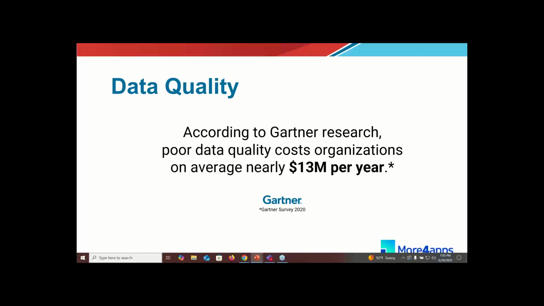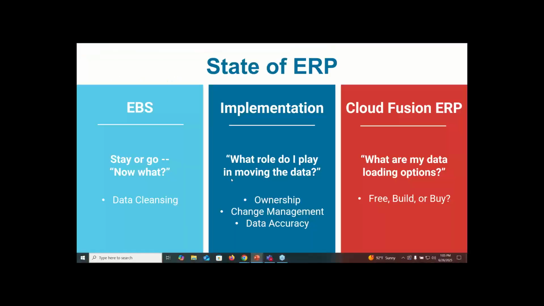So let's have some fun and get started here. State of ERP, no surprise here, right? EBS customers looking to either stay on EBS or move to Cloud Fusion, hopefully, but maybe also exploring other possibilities.